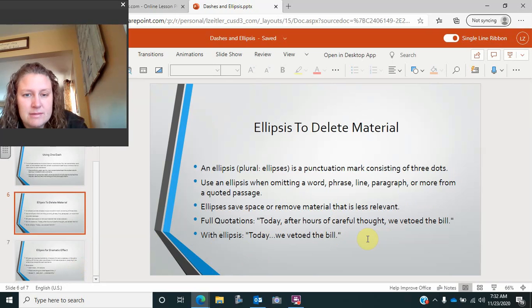Now we get into the ellipsis. The ellipsis, plural ellipses, is a punctuation mark that is your dot, dot, dot, three periods put together. You use it when omitting words, phrases, lines, paragraphs, and information from a quoted passage. The ellipses save space or remove material that is less relevant.